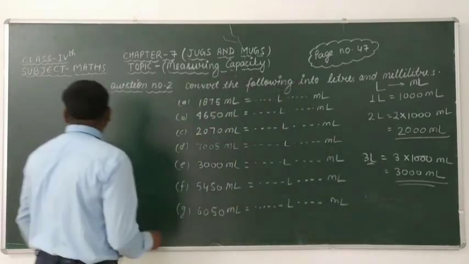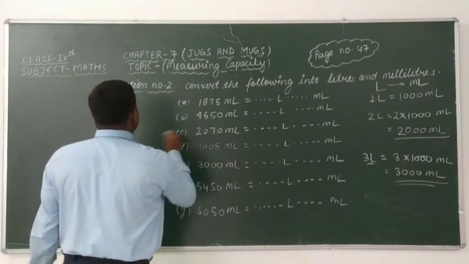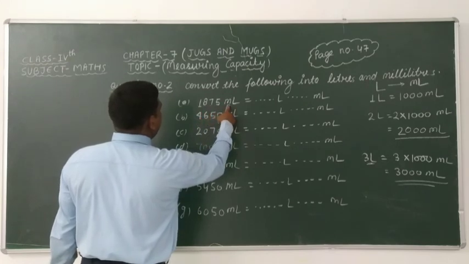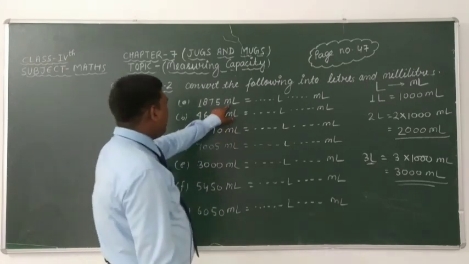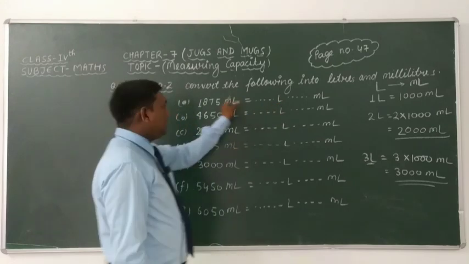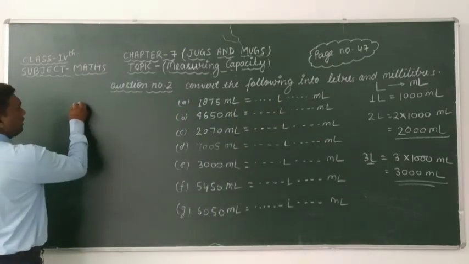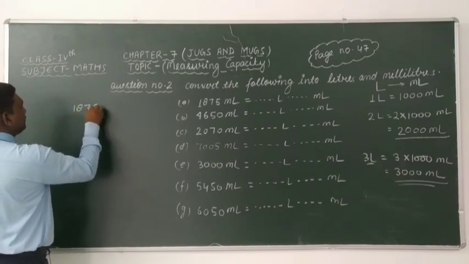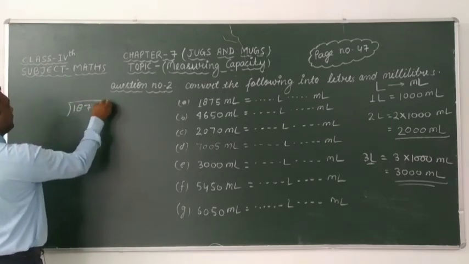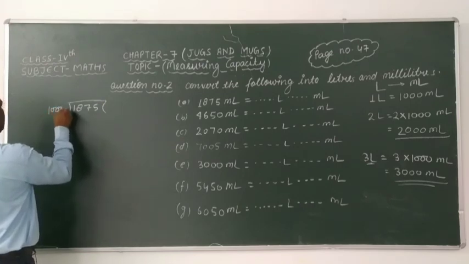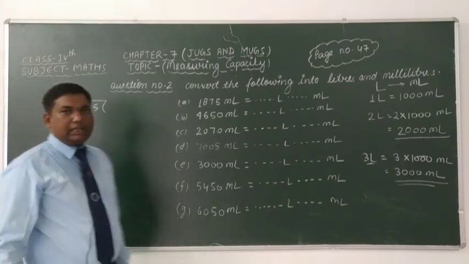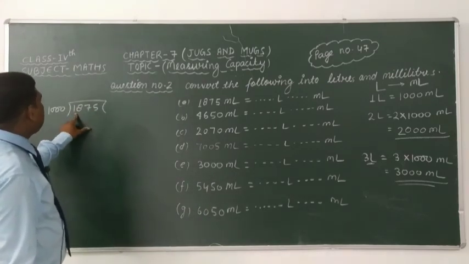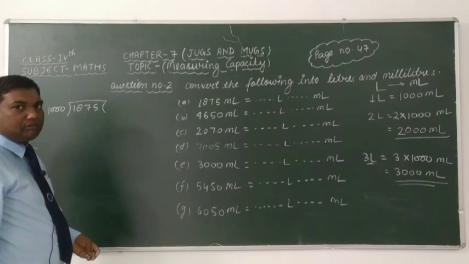Look at here carefully. Suppose that in this question, here given that 1875 milliliter. Since we have to convert milliliter into liter, we have to divide 1875 by 1000.